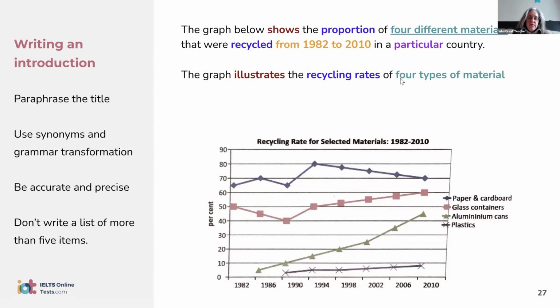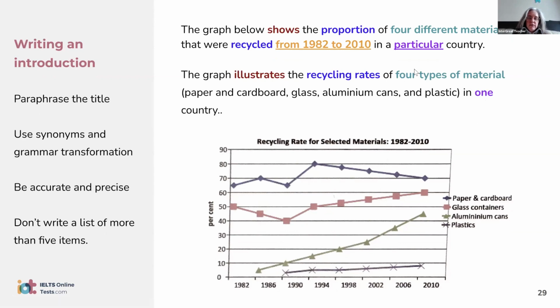So we could have 4 types of materials. And we do in fact have them listed here: paper and cardboard, glass, aluminium cans, and plastics. In, so from the task, we've got a particular country. And here we've got in one country.